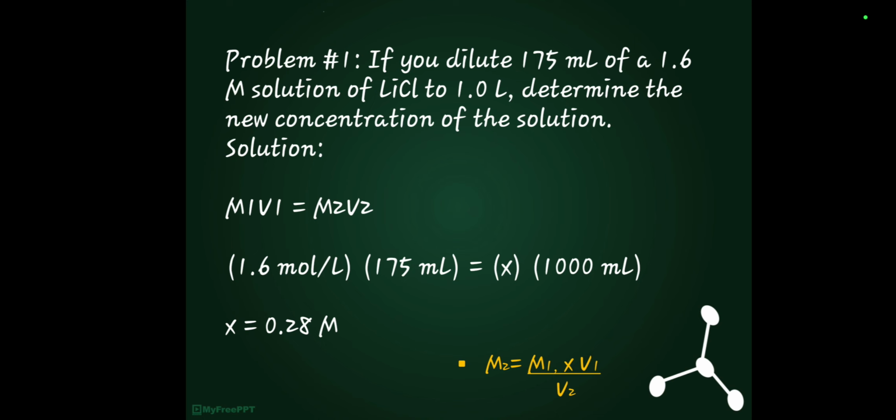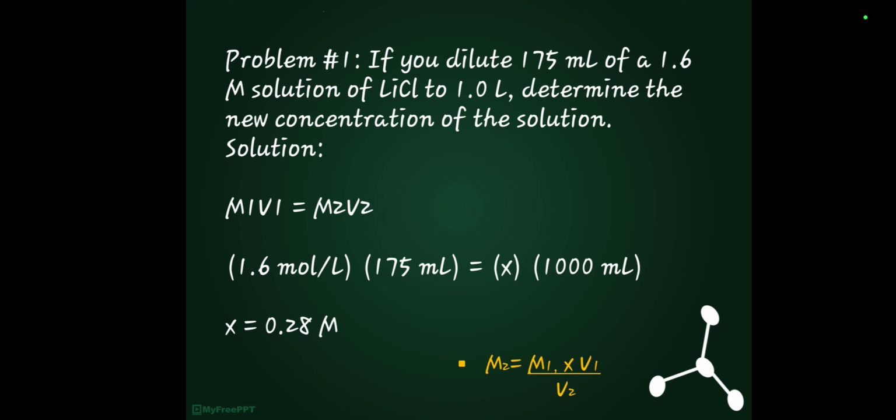So for the constant formula, we have M1 V1 equals M2 V2. The given will be M1, 1.6 moles per liter. Also given is volume 1, 175 mL, and the unknown here is molarity 2, of the final solution, multiplied by volume 2, which is given, 1000 mL.